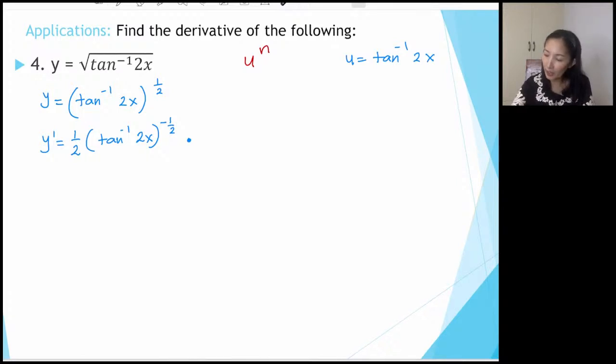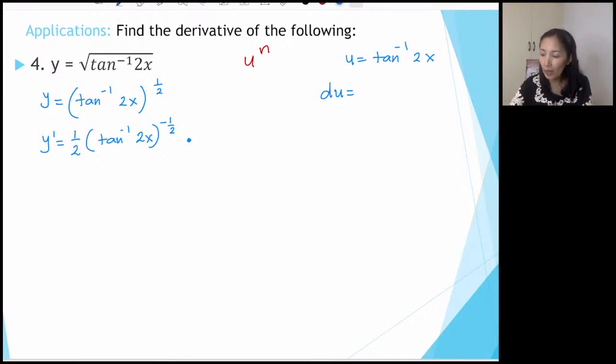So your du must be equal to, for arctangent, once again, 1 over 1 plus u squared times du.